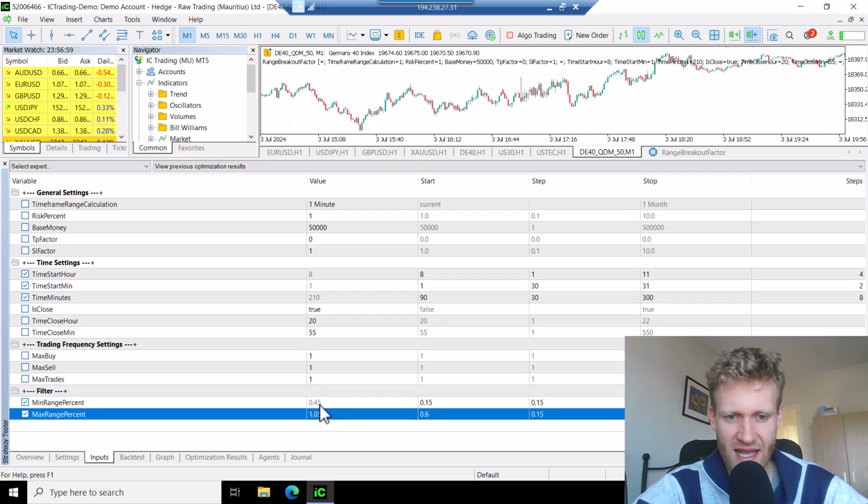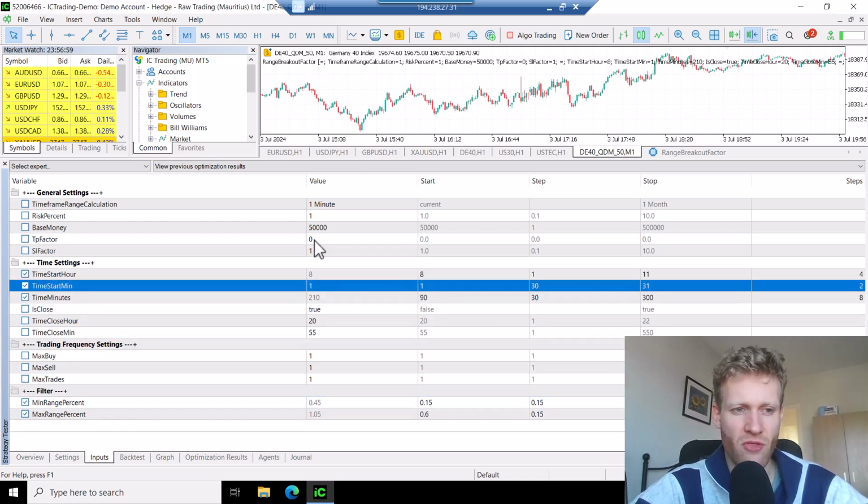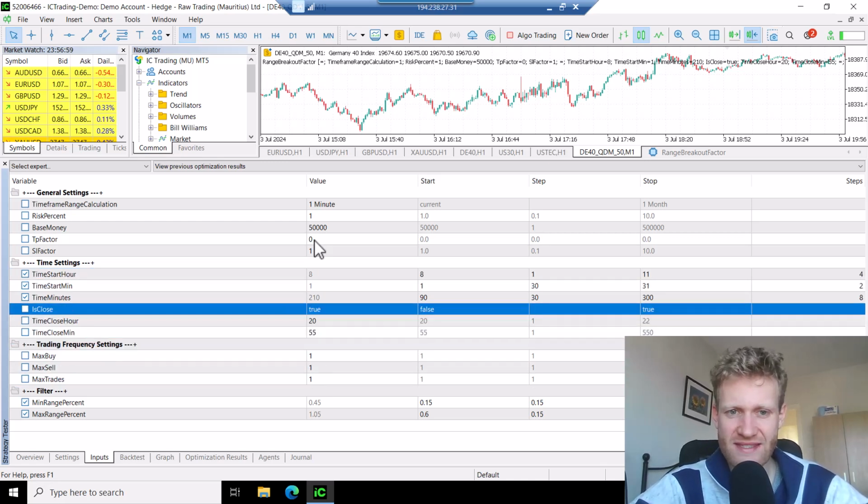So I did this in a separate optimization run because I feel like everything up here, like the time for the range start, the time for the range end, how many trades, this is very, very essential, and it's the base pretty much of the strategy.